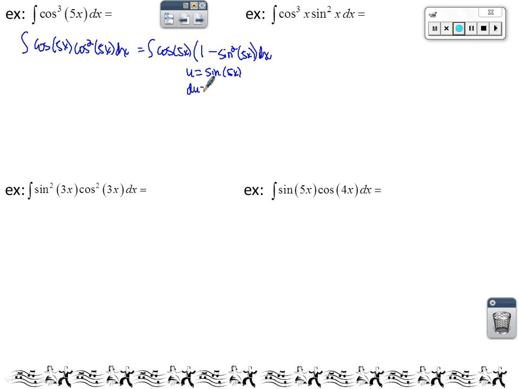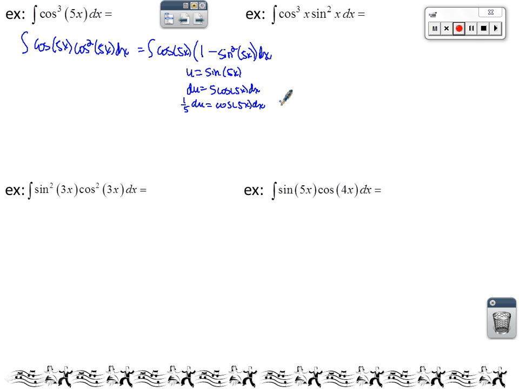So du, and we have to remember how to do a chain rule because we have that 5x in there, du would be 5 cosine 5x dx. I don't really have a 5 in my integrand, so I would divide by 5. So 1/5 du equals cosine 5x dx.